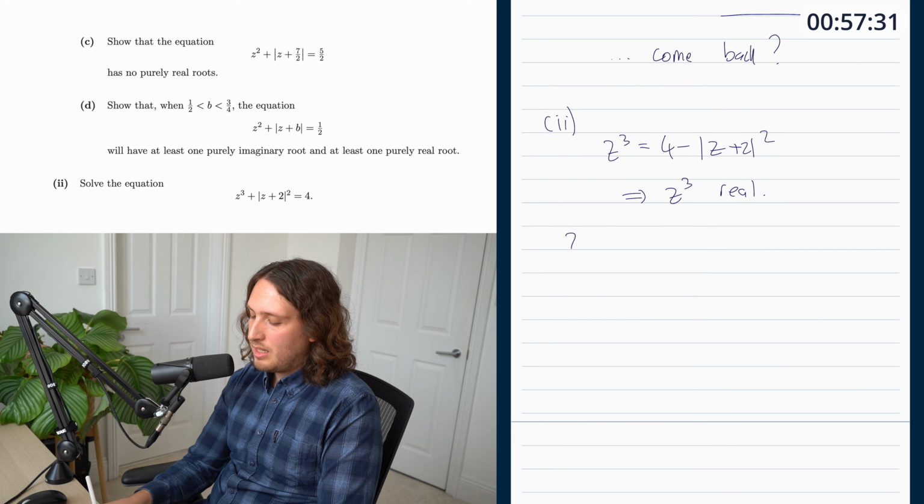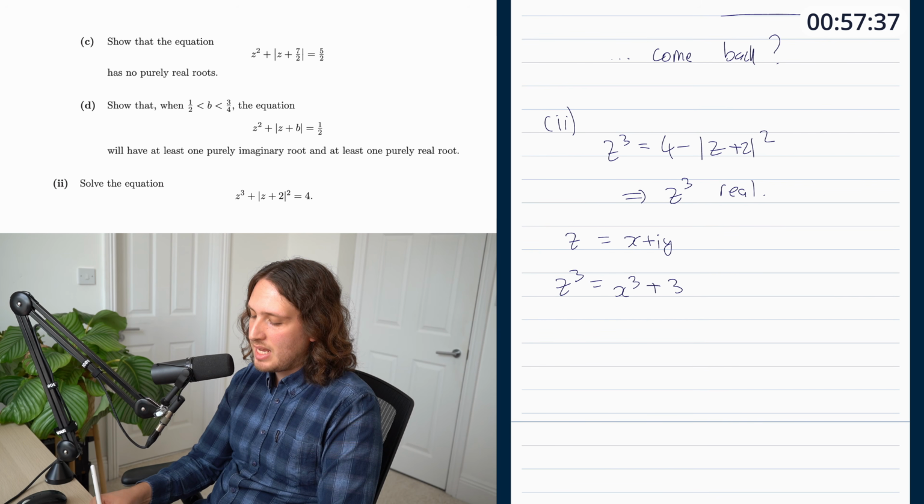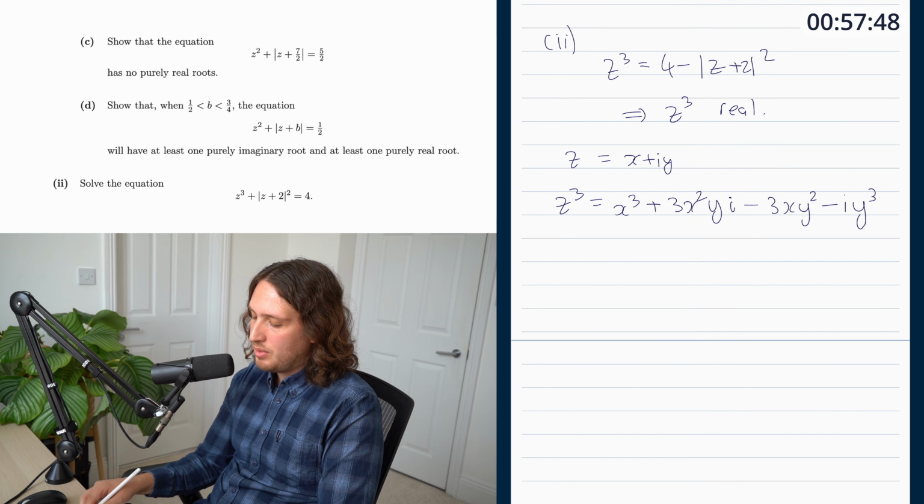Okay, so if z is x plus iy, z cubed is x cubed plus 3x squared yi minus 3xy squared minus iy cubed.